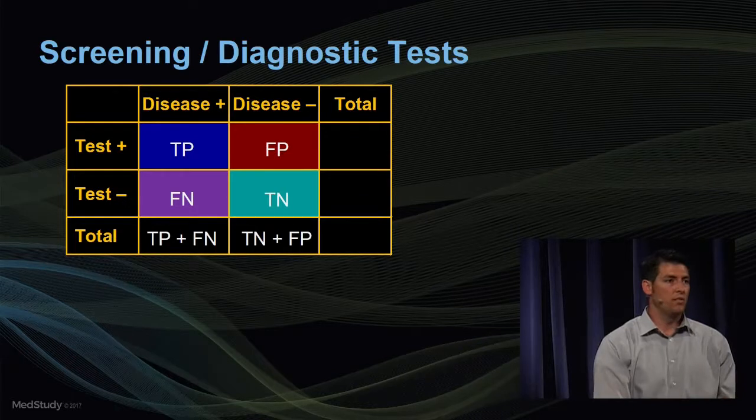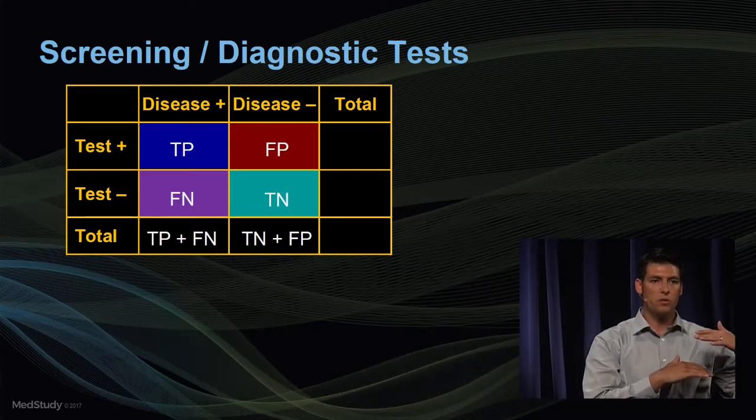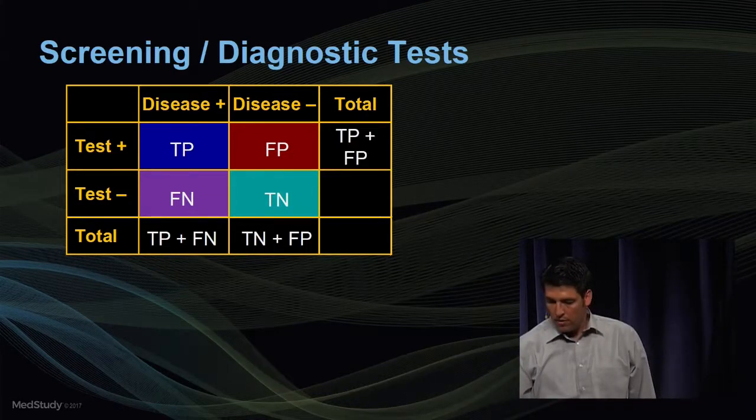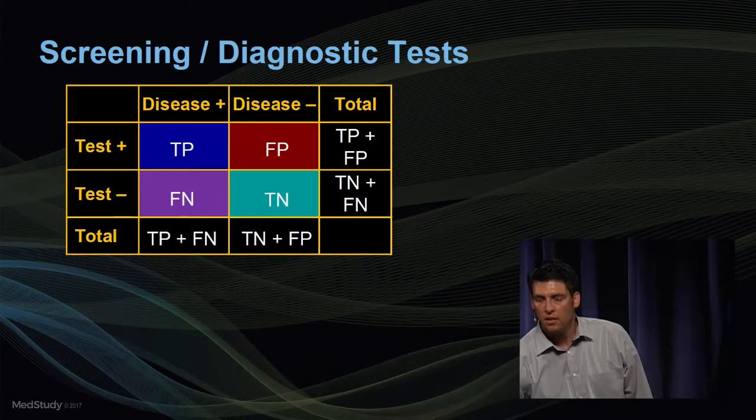All right, what about the positive predictive value and negative predictive value? Well, it's very easy. We transition from looking at columns to now looking at the rows. So if I take the true positives divided by the true positives plus the false positives, that gives me my positive predictive value.